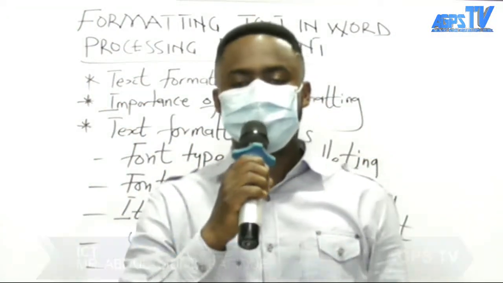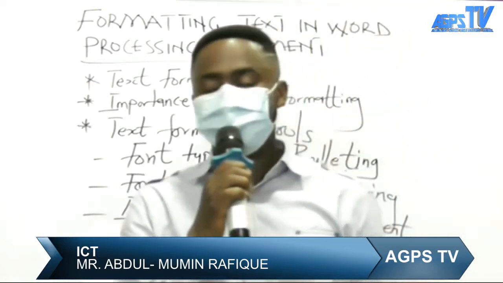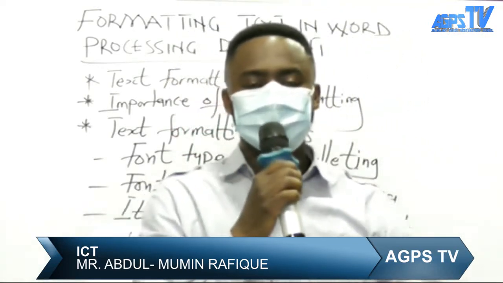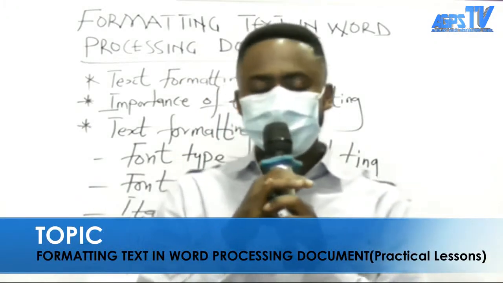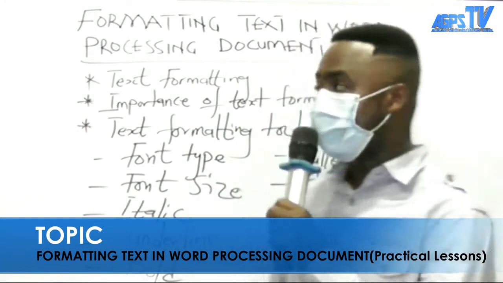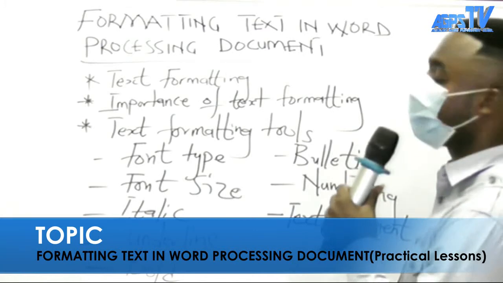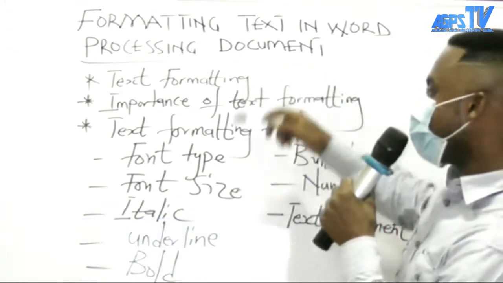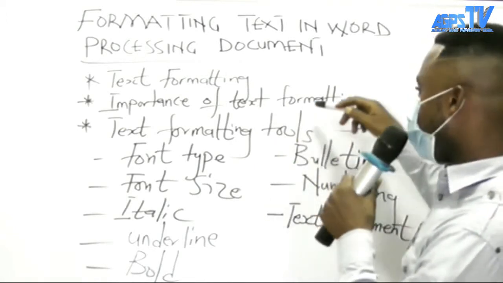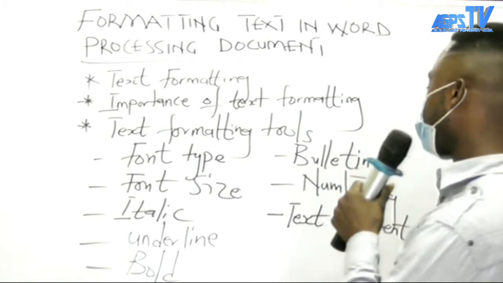Hello viewers, welcome once again to AGPS TV. My name is Abdulmumin Rafik and I'll be your ICT facilitator for this lesson. Today we are going to learn about text formatting in word processing documents. Under that, we shall look at what text formatting means, the importance of text formatting, and then some text formatting tools.